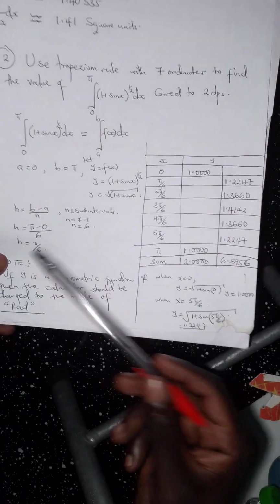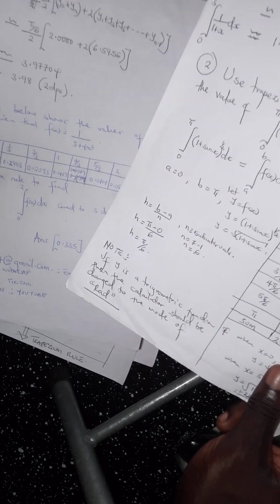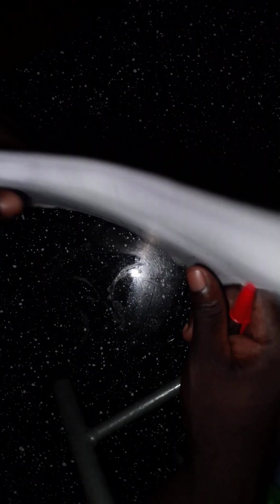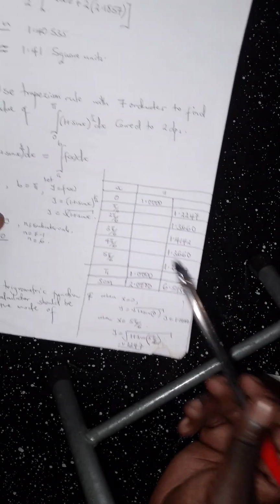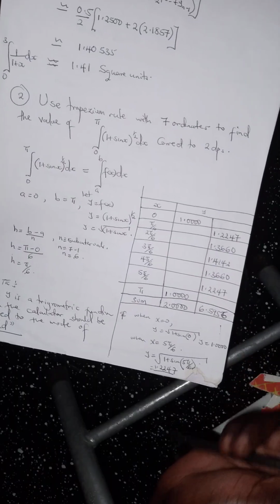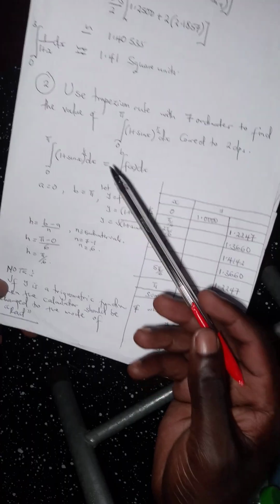So the width and h are always the same, and the class will definitely meet that in the exercise or assignment that we shall have at the end of the discussion of this. So if they say using a class width of this, then we do not waste time. It means that is our h. So we get this.